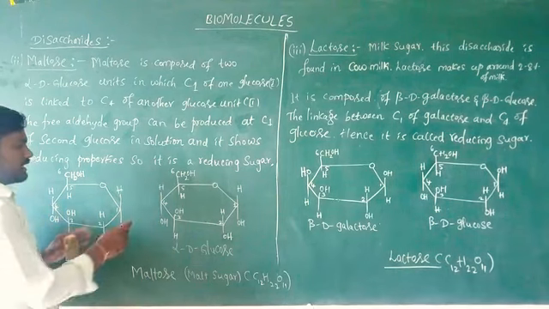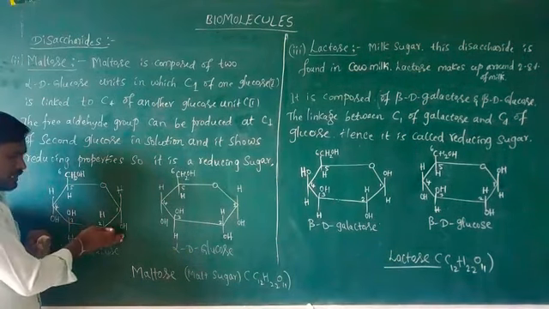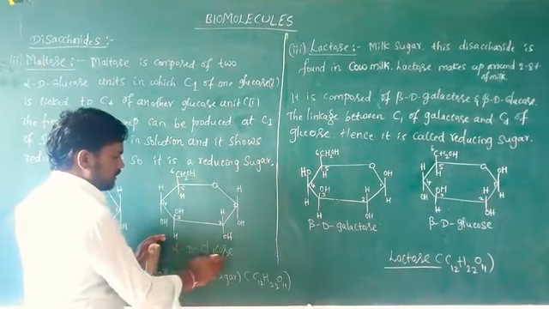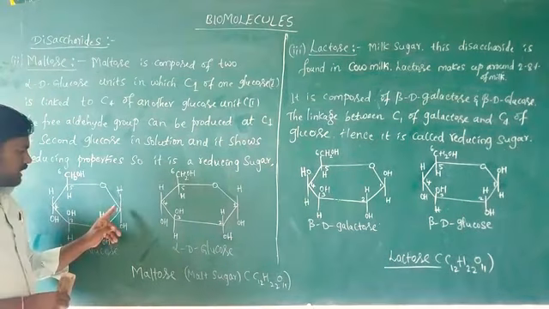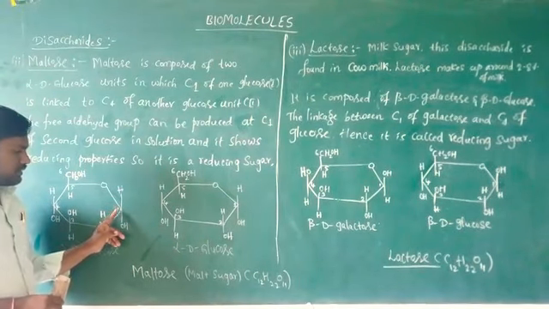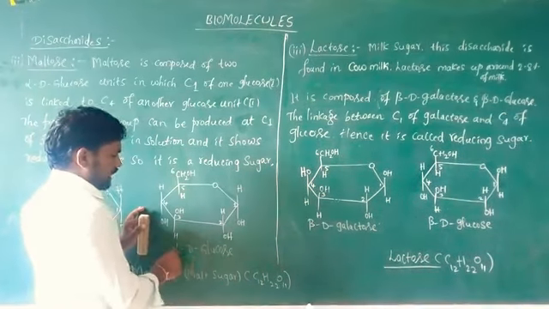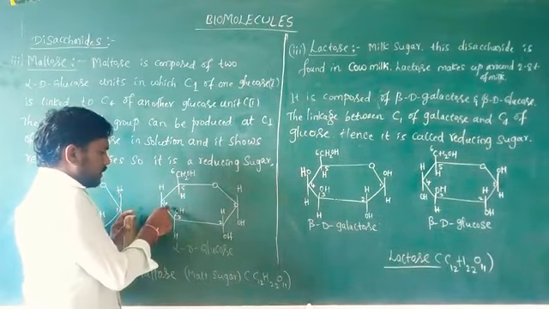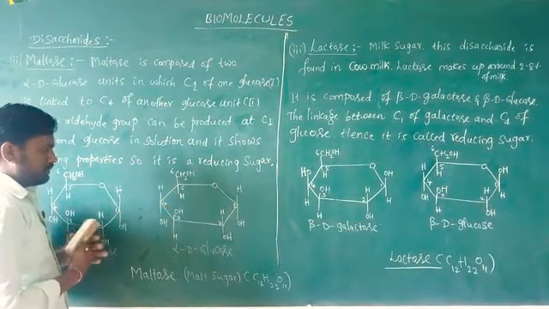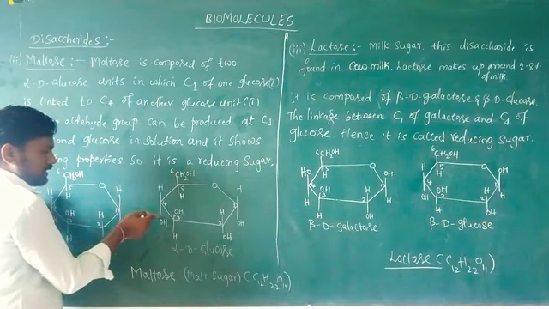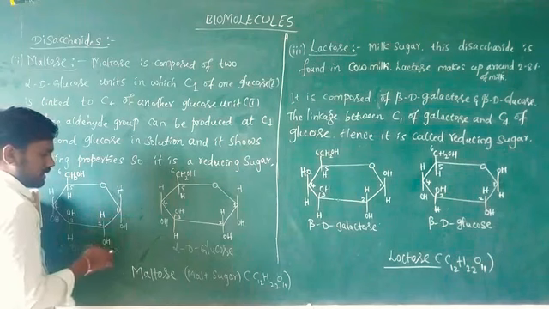The loss of water occurs between the OH on carbon number 1 of the first alpha-D-glucose structure and the fourth carbon of the second alpha-D-glucose structure.